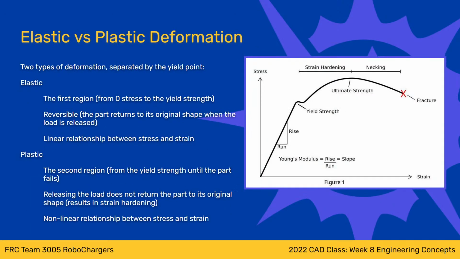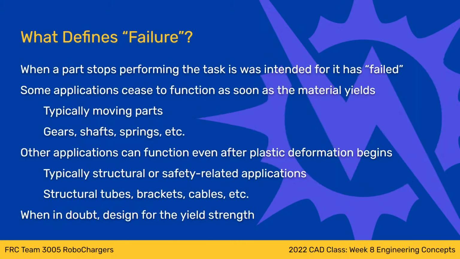Okay, so we understand elastic deformation, we understand plastic deformation, we understand the yield strength and the ultimate strength, we understand all that stuff. So before we go farther, let's talk about what it means for a part to fail. So if I have a part, machined out of aluminum or something, what does it mean in the context of material strength for that part to fail?